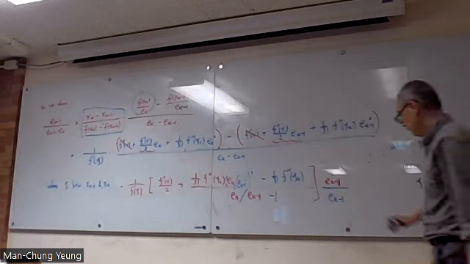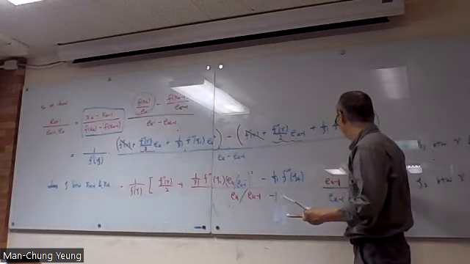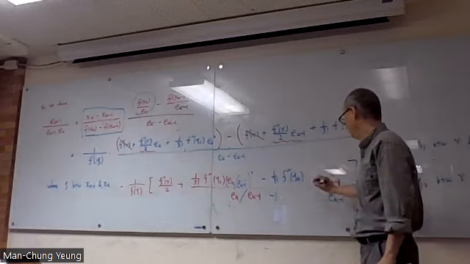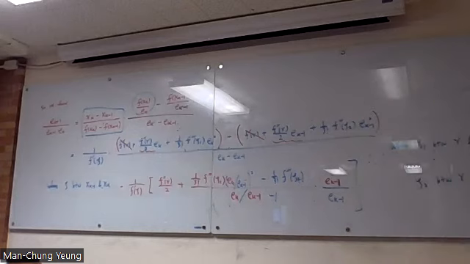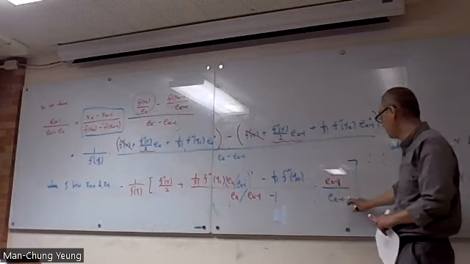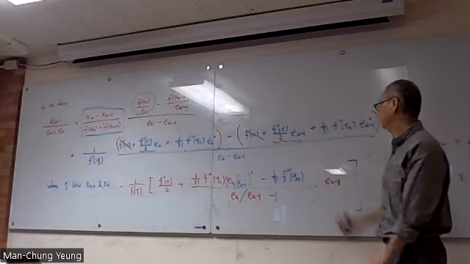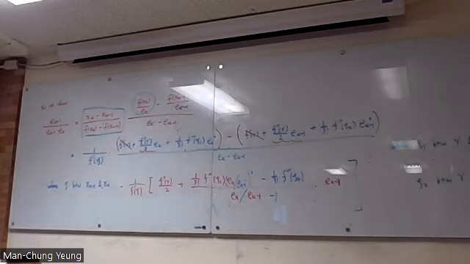These are brackets. Now, cancel one e_{k-1}. And now, almost done.